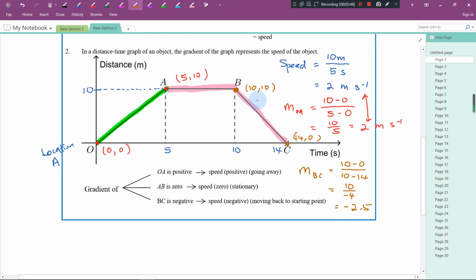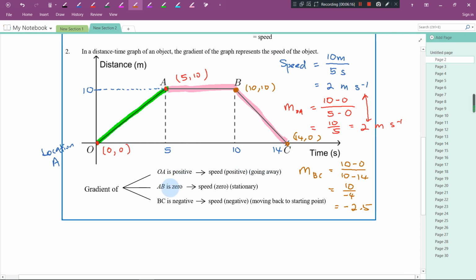But if the question asks us to find the speed within this period, we cannot give this as our answer, because when we talk about speed, we always give our answer as positive. In the future, when you learn about velocity, that can be negative because that's a vector. So for speed, we always give a positive answer. When you have a positive gradient, the speed is positive, going away.